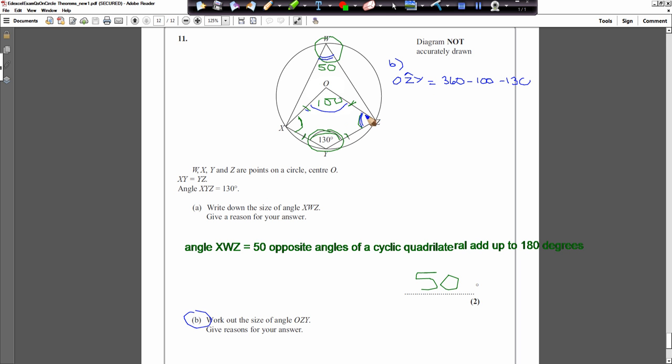And because this angle here is equal to the angle there, we then divide it by 2 to get our final answer for OZY. That should give us an answer of 65 degrees. And what's the reason for that?